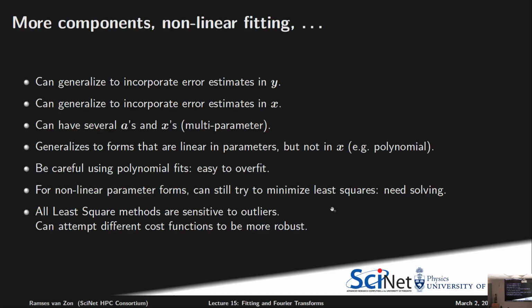So what else could we do? I think all the things that I've listed here are available in the GSL. I had error estimates only in y. I can get them in x as well. I could have several values of x and y here. I had a one-dimensional parameter. You can have multiple parameters. And this kind of least squares stuff really generalizes nicely, not just to things that are linear, but to things of any form, as long as the parameters are linear.